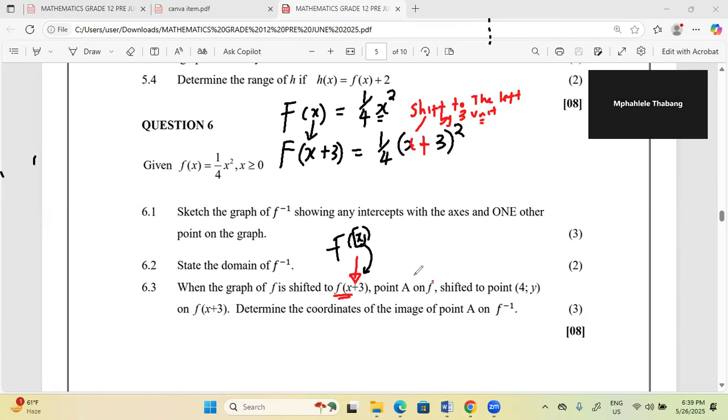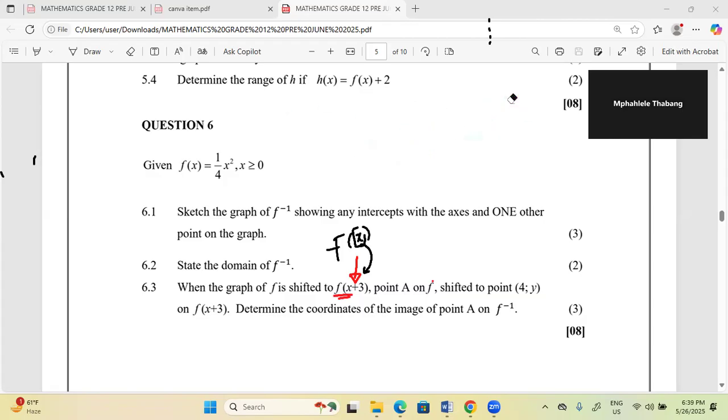So they want the coordinates of the image of point A. But this is not challenging at all.